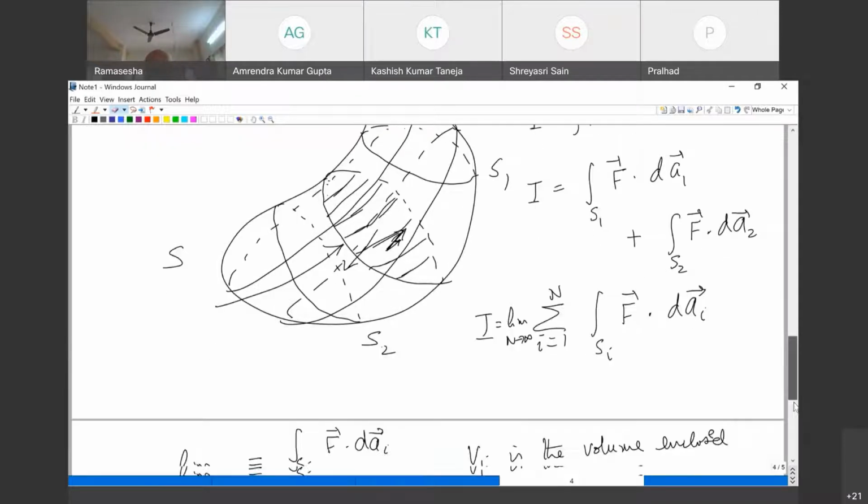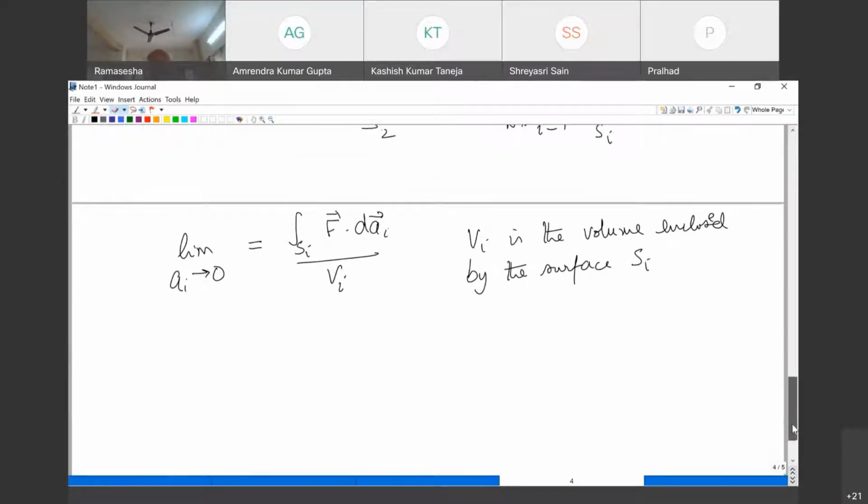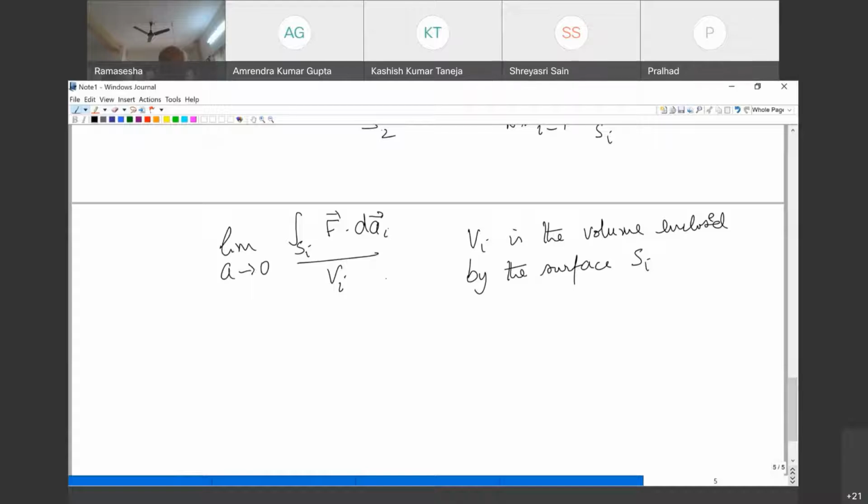So now, in the limit ΔAi tending to 0, this quantity is not infinity, it is well behaved.